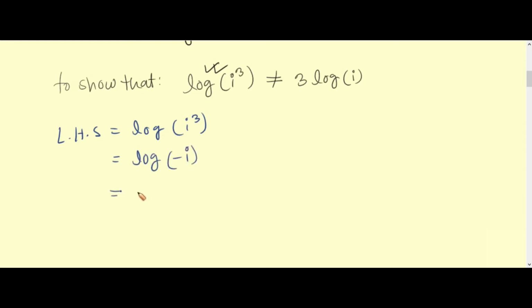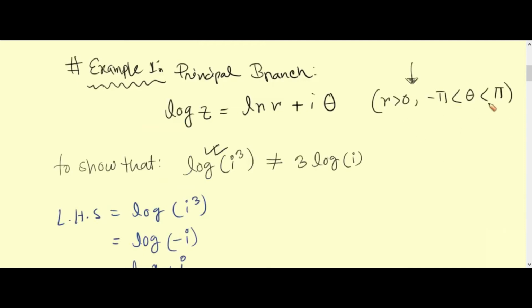A modulus of 1, that is r equals 1. So in the next line we're going to write ln 1 plus, you have your i over here, and since this is the principal branch that we're working with, you can see it from here, that is the bound on the angle.